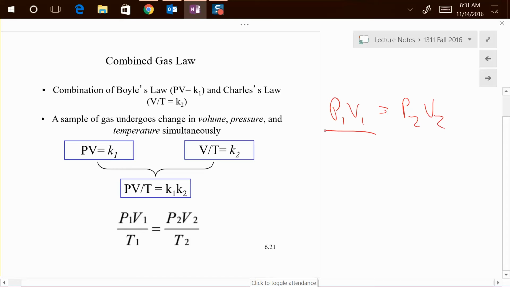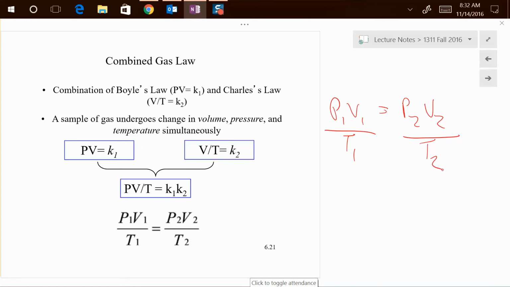If you combine it with Charles' law, V1 over T1 equals V2 over T2, and you get this combined gas law. The combined gas law helps you to see changes in either pressure or volume based on changes in temperature and pressure. Okay? So you're dealing with more parameters here. You can change more things and you can still calculate the end result based on that.